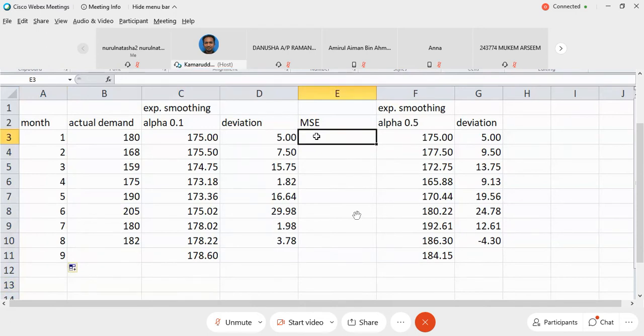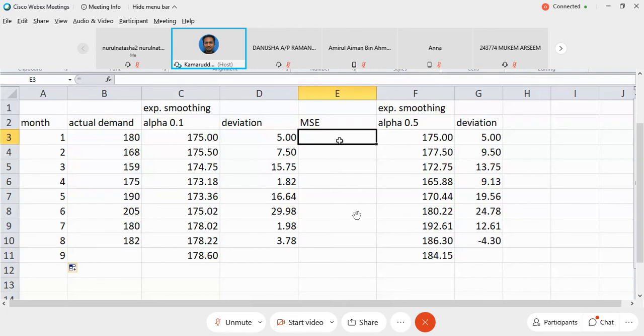Okay, so in quarter 1 we have a deviation of 5. In quarter 2, we have 7.5. So in the mean square error, we need to find the square value of the deviation.